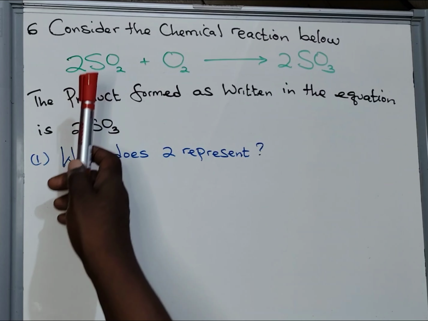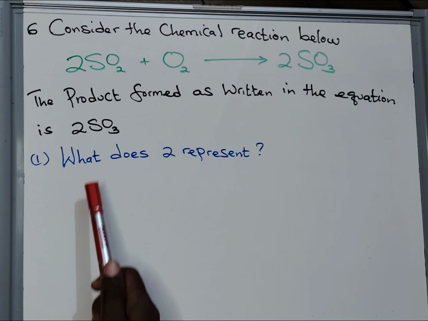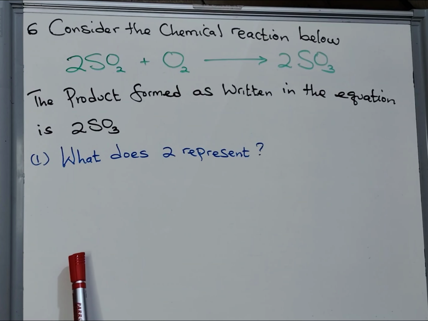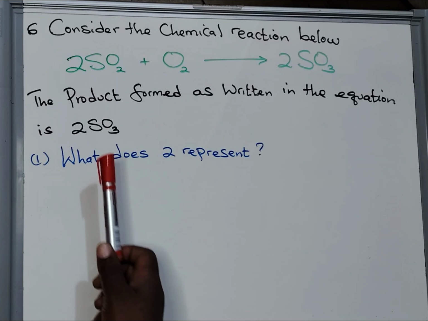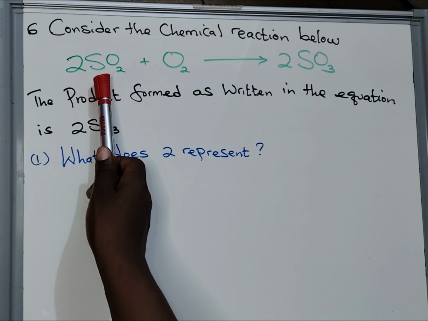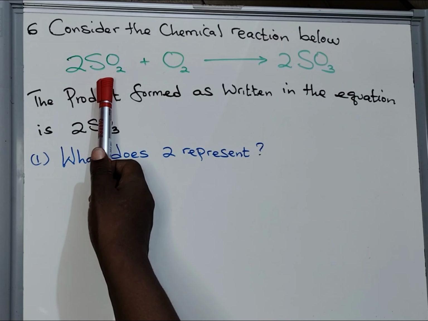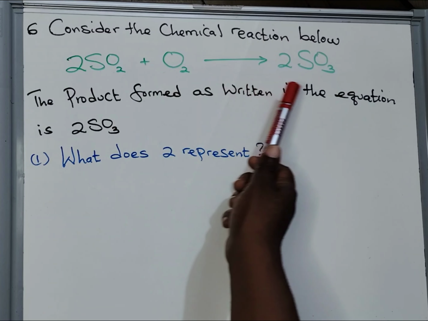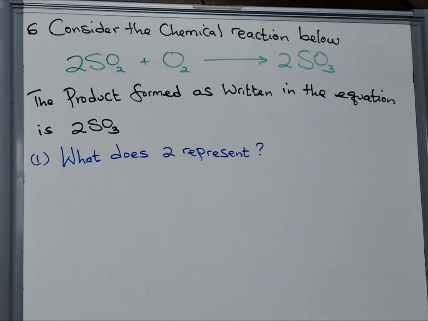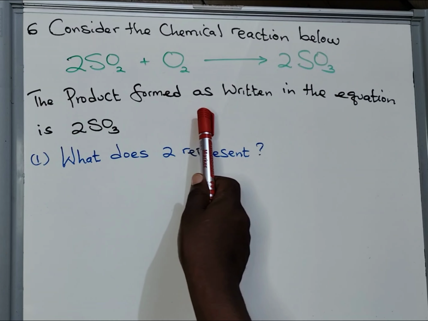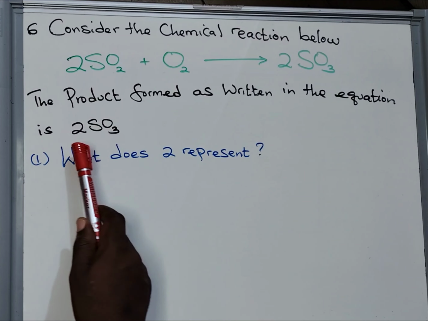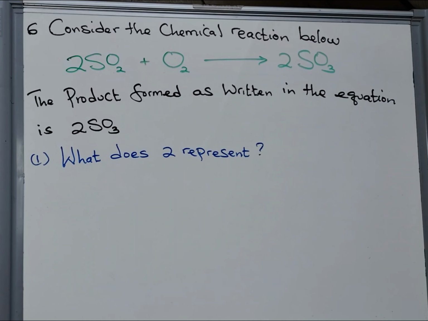Okay, tonight we are looking at this question. It says, consider the chemical reaction below. This is the reaction where sulfur dioxide combines with oxygen to give you sulfur trioxide. The product formed as written in the equation is 2SO3.